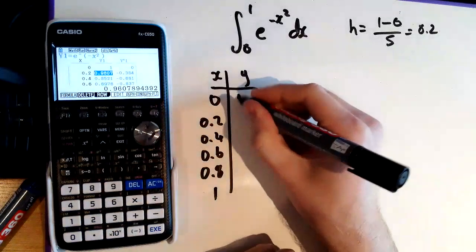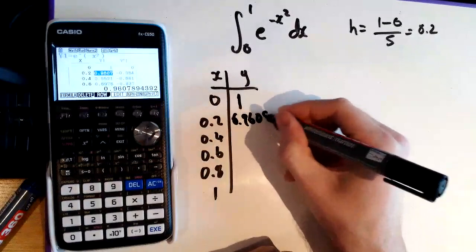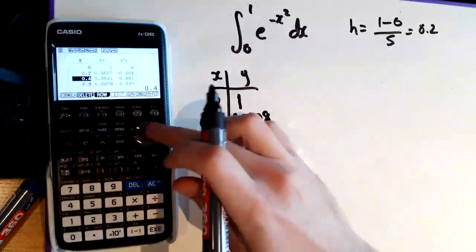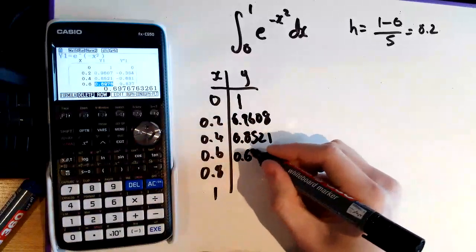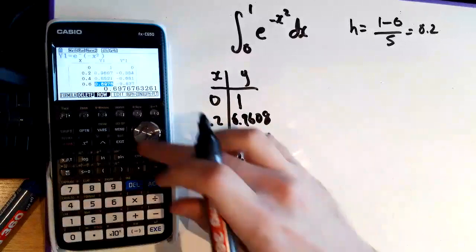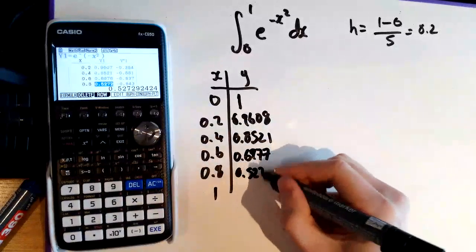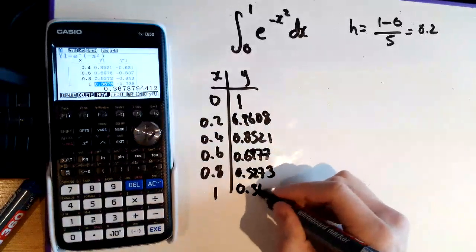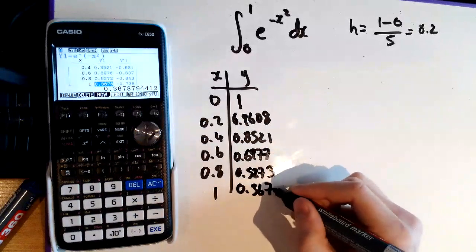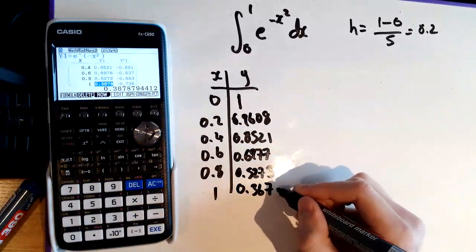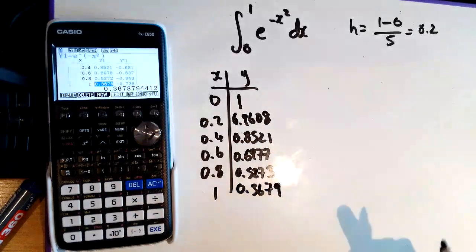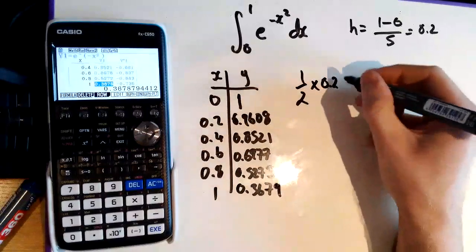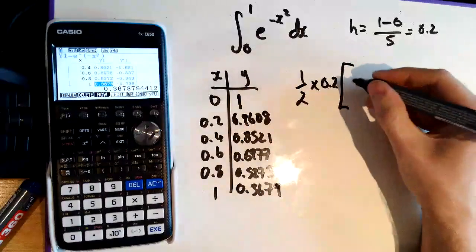So 1, 0.9648, 0.8521, 0.6977, 0.5273, and 0.3679, that would be.